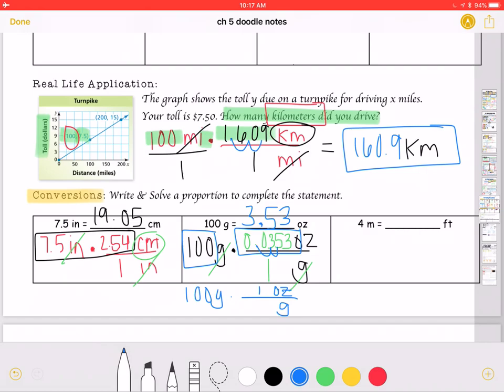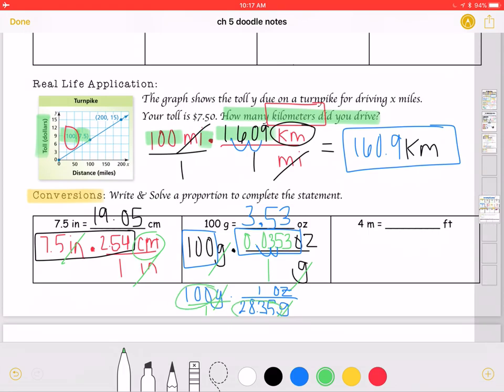I want to know how many grams that is, which would be 28.35. So you could do it this way, but what that's telling you to do now is, okay, we would multiply 100 times 1, but then we'd also multiply 1 times 28.35.